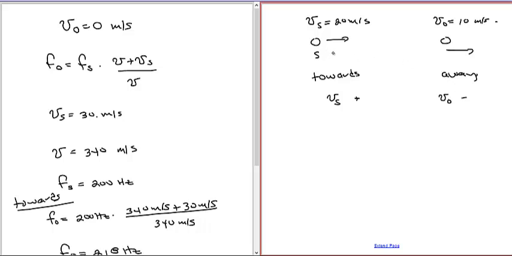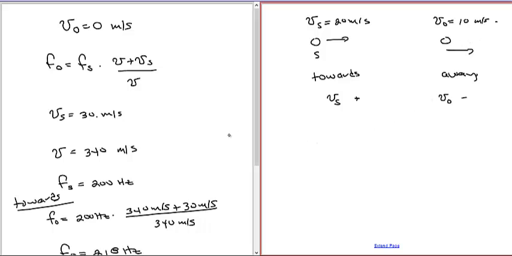And you can kind of go back to, if you held one stationary, what would happen? If the source is stationary and the observer is moving away, then the frequency is going to be lower because he's moving away, relatively speaking.